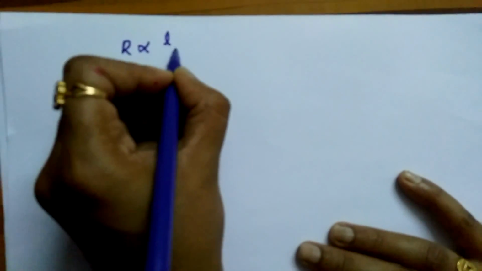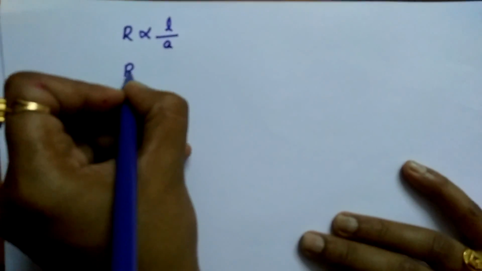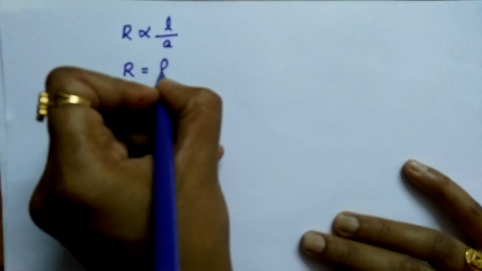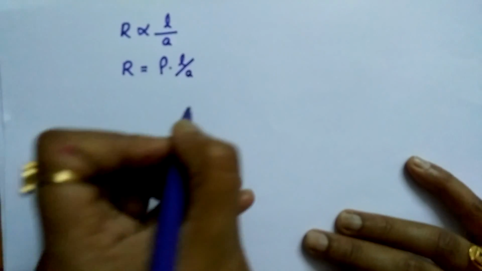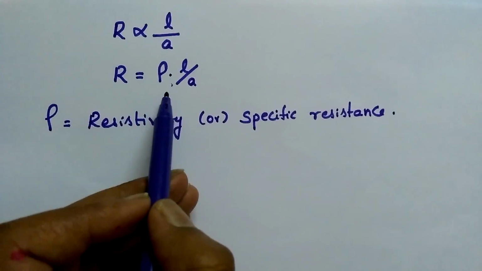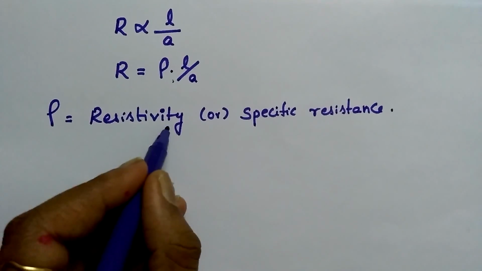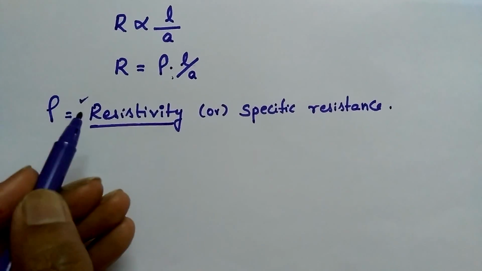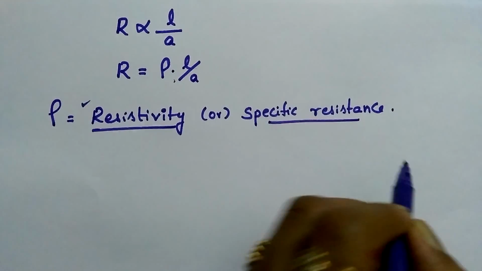This is a very important concept, students. Listen carefully. Resistance is directly proportional to the length and inversely proportional to the area. Then R is equal to rho into L by A, where rho is the proportionality constant, called resistivity or specific resistance. Resistivity is more preferable according to IUPAC than specific resistance.